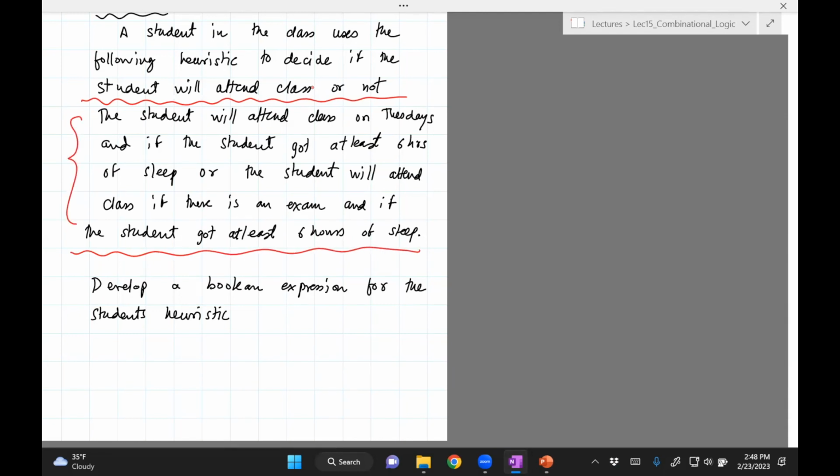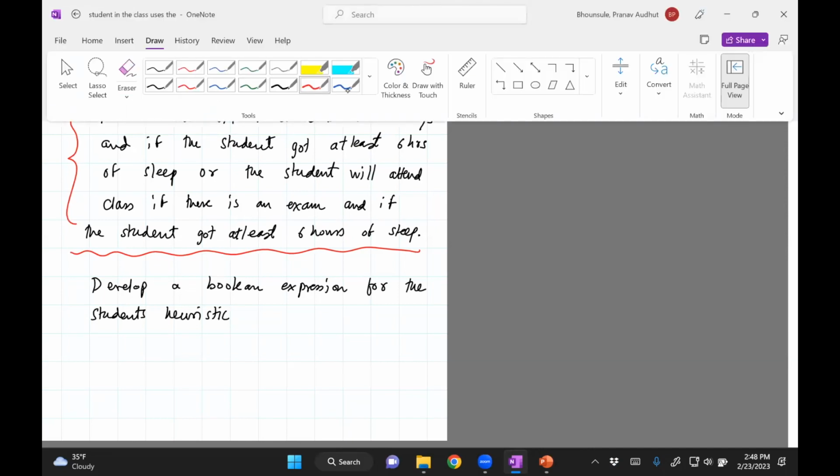This is where the logic is. And that's the question. So let's see if we can figure this out.